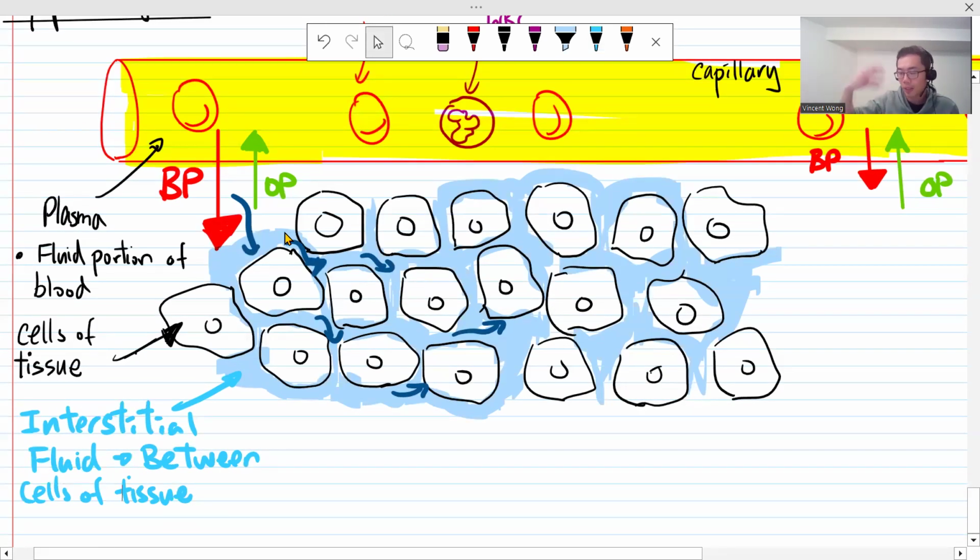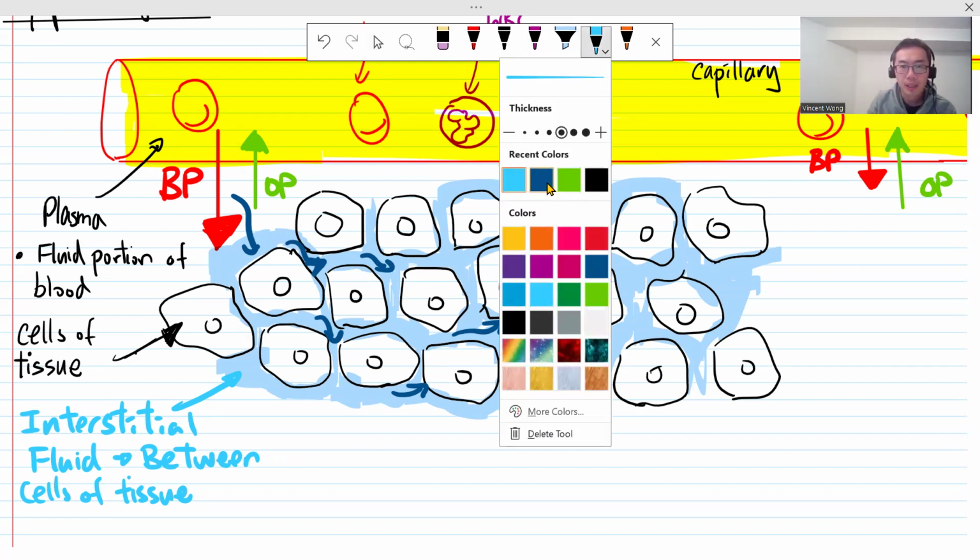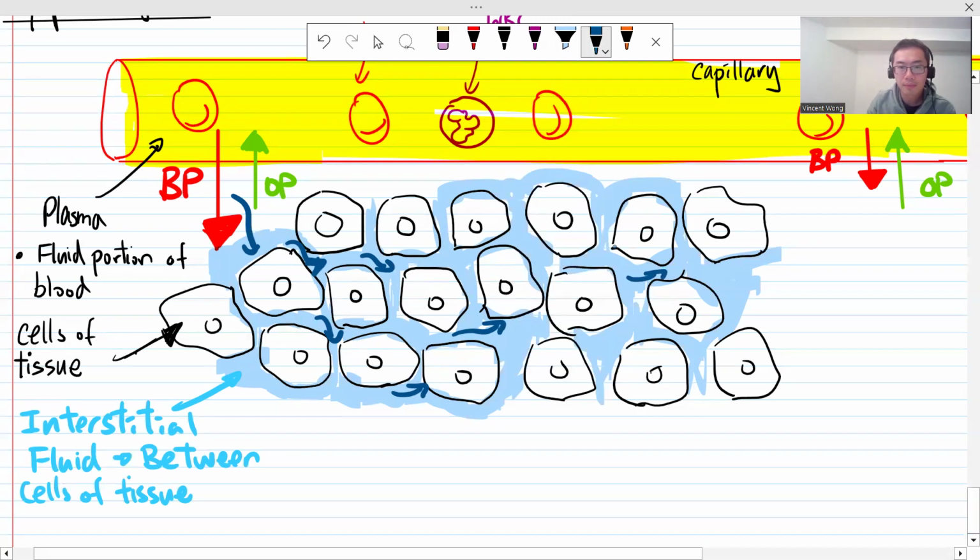Everything else, like the ions, tends to come out as well. Vincent, is that because the protein molecules are big? Exactly. Some things are really big and don't come out. Albumin is really big, so it stays inside. We don't want it to come out, because then we start losing osmotic pressure, and that's going to be a problem.